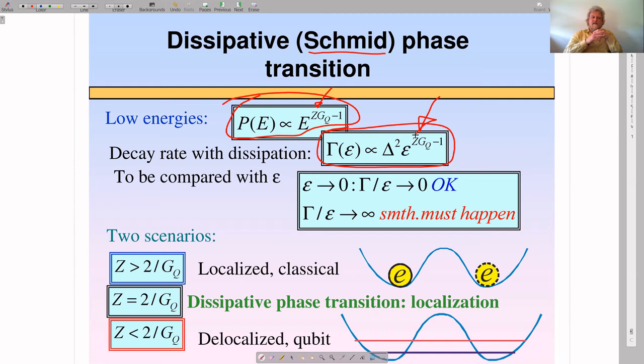If this rate is smaller than energy, it's okay, it's the usual situation. We really have a level which is not too much bloated. We have a level which looks like a usual quantum level.